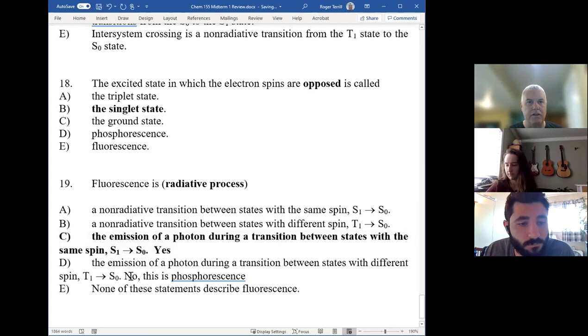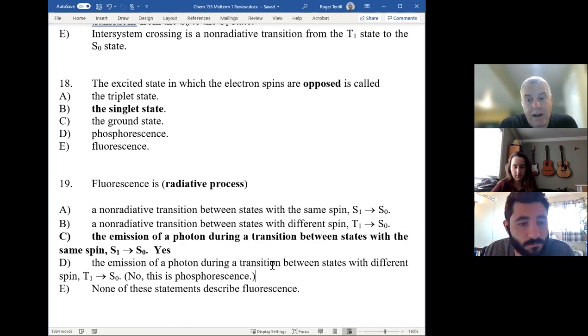However, there's a weird distinction, right? How do we know if a state is a triplet? Well, we can measure it magnetically. We can split the state magnetically, so we can look at the Zeeman effect, basically. But if you don't know that a state is a triplet, then you can't really identify it as phosphorescence.